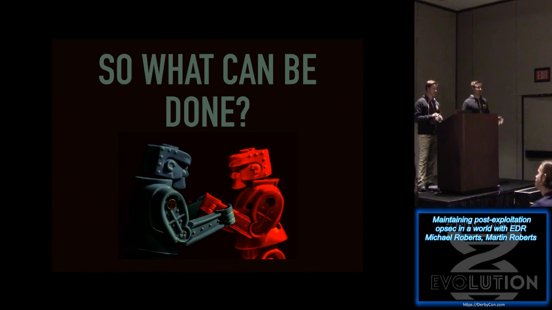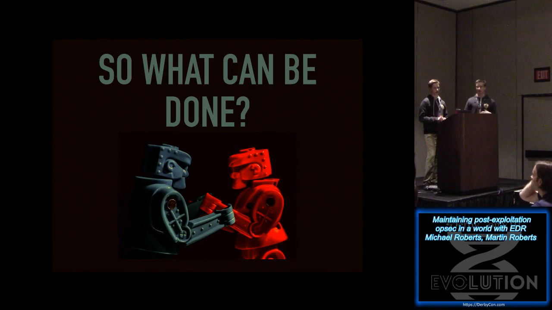So we don't want to get up here and talk about all the ways maybe you can avoid EDR and all the ways to get the information that you need, whether it be credentials or just other information that you need from the corporate network, without talking about what can be done.